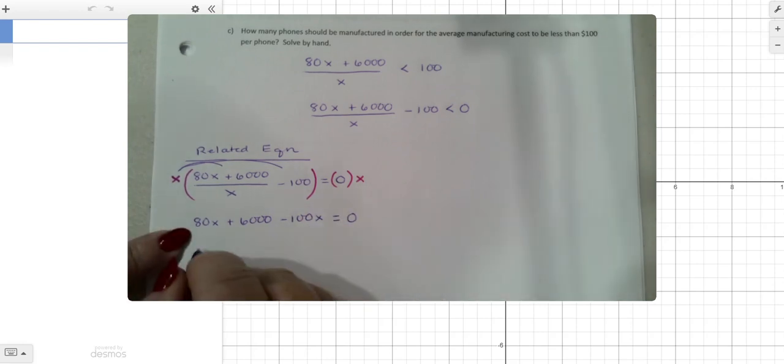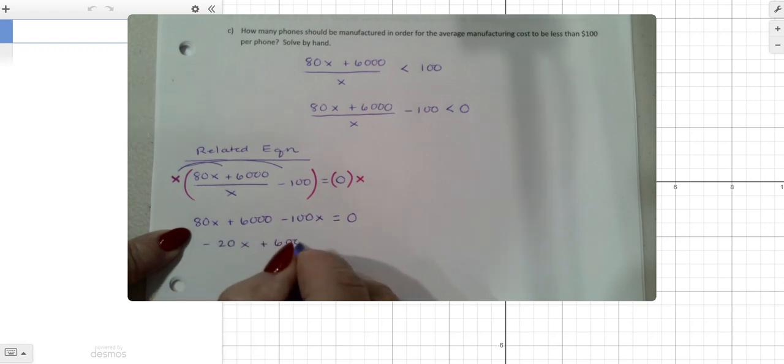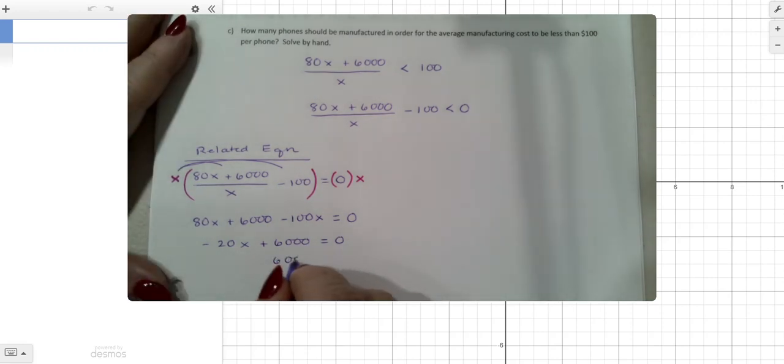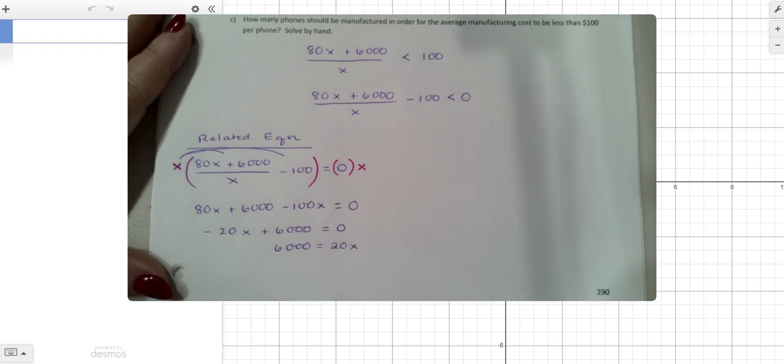All right, combining my like terms, I have negative 20x plus 6,000 equals 0. So 6,000 equals 20x. And if I divide both sides by 20, 600 divided by 2 would be 300 for my x value.